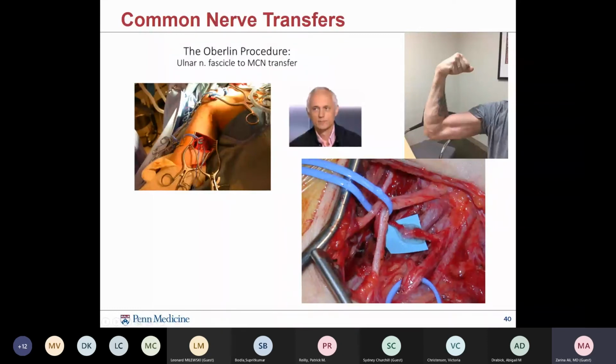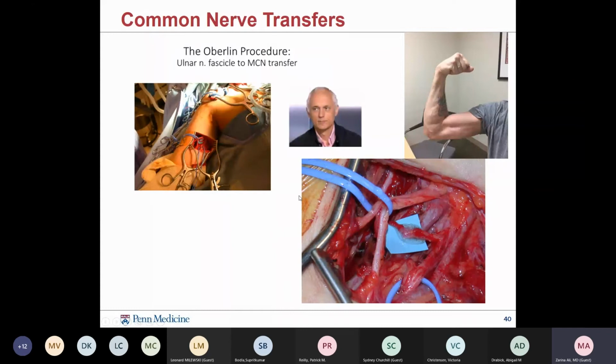And so we're able to identify the donor that way, and then neurolyze that donor internally, and then bring it over to the musculocutaneous nerve, which we cut at the level of just before it enters the biceps muscle. And so again, we're shortening the distance for the regenerative potential of this ulnar nerve to regenerate directly into that biceps muscle.